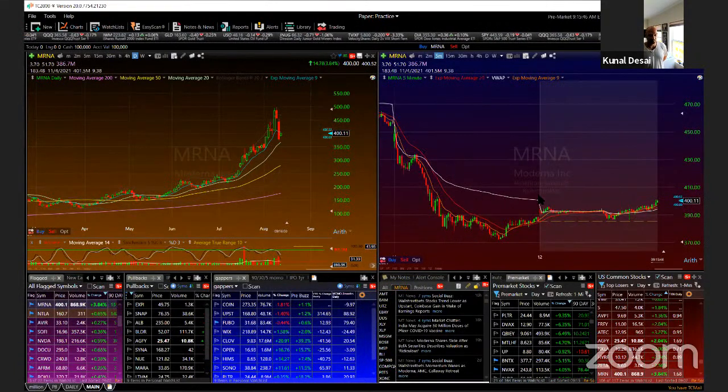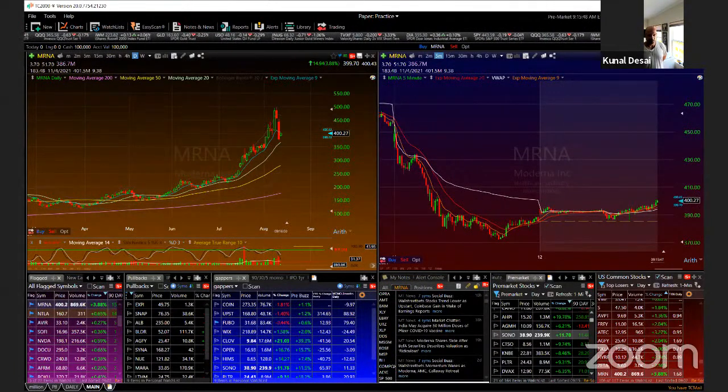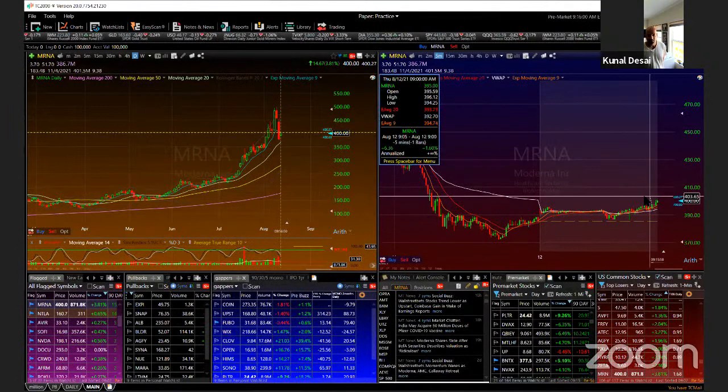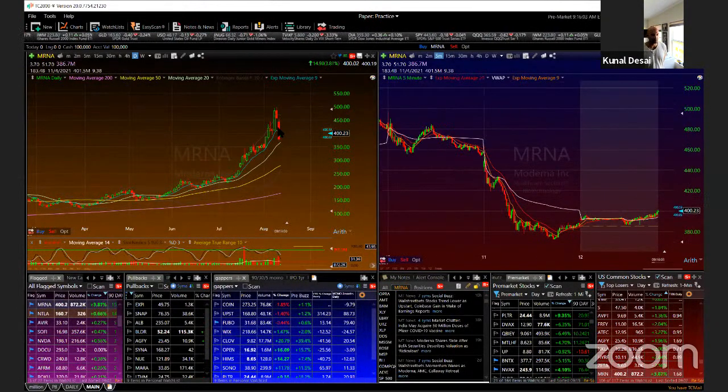I think we probably leave this one alone today. I just don't see the edge in trying to short it now after it's already dropped like 120 points. But because it gapped up, I don't know if we have an easy long.